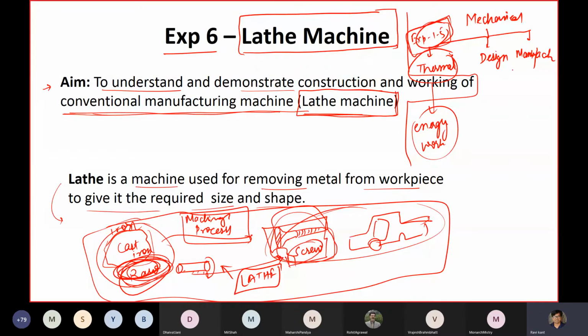Experiment 8, the last experiment, will be of design type. In design, let's suppose you are making a car component. In thermal engineering, you have seen how your engine works and how much fuel you want to add to move your car.